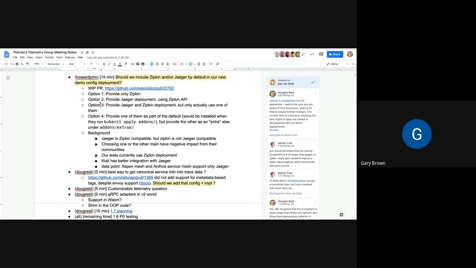So from my point of view, I think there are more production deployments in meshes of Jaeger, but I may be wrong about that. I've got no firm stats to back that up. But just from the comments listed here about the other mesh vendors, it seems to imply that Jaeger is the preferred option in that setting.